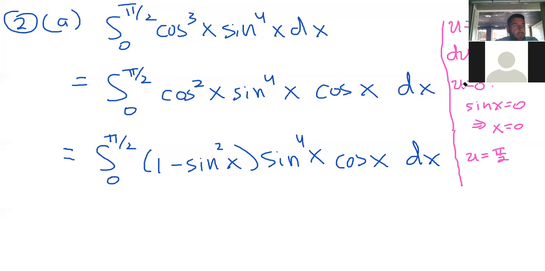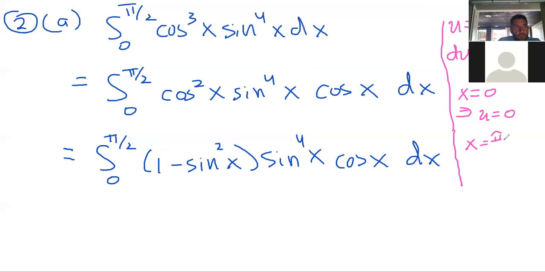Hold on a second. I had it backwards. When x is 0, what is u? Well, that implies that u is equal to 0. And then when x is pi over 2, what's the sine of pi over 2? The sine of pi over 2 is 1, so that implies u is equal to 1.